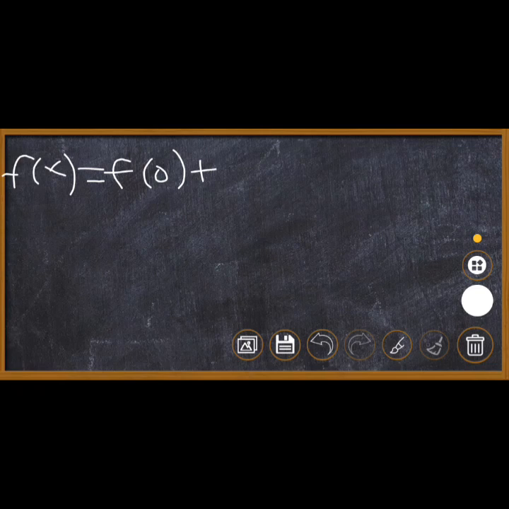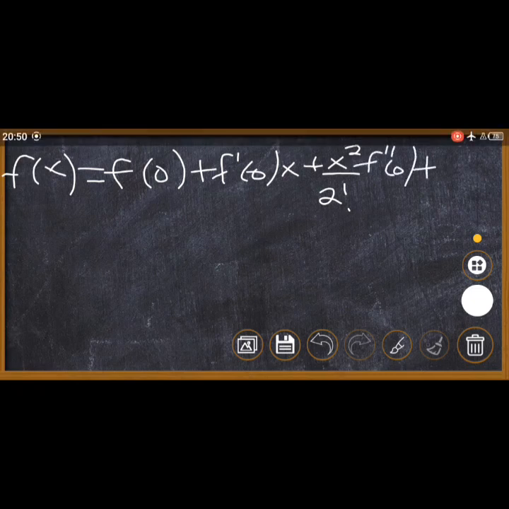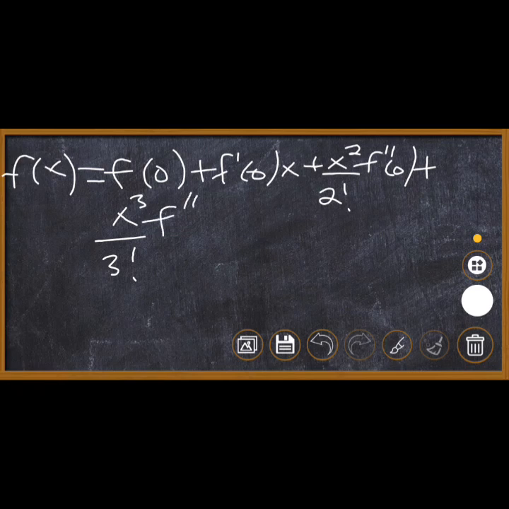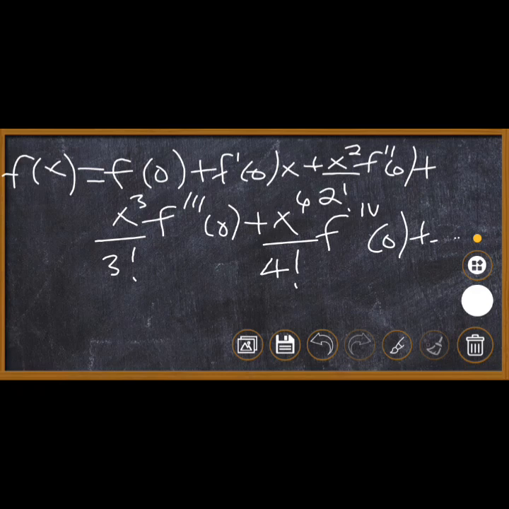It was followed by the first derivative of 0 times x, followed by x squared over 2 factorial of the second derivative, followed by x power 3 over 3 factorial of the third derivative of 0, followed by x to the 4th over 4 factorial of the 4th derivative of 0. The function can keep on going just like that. So this is the main theorem that you should be able to remember.